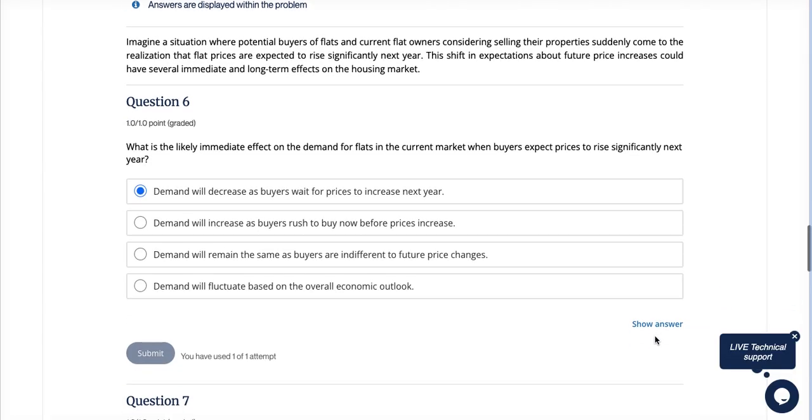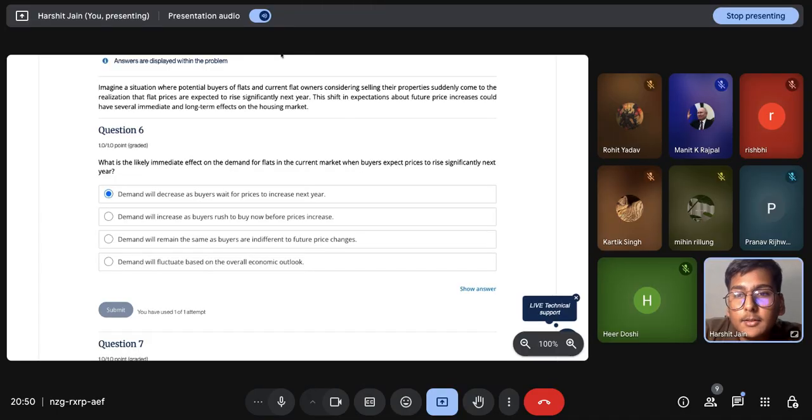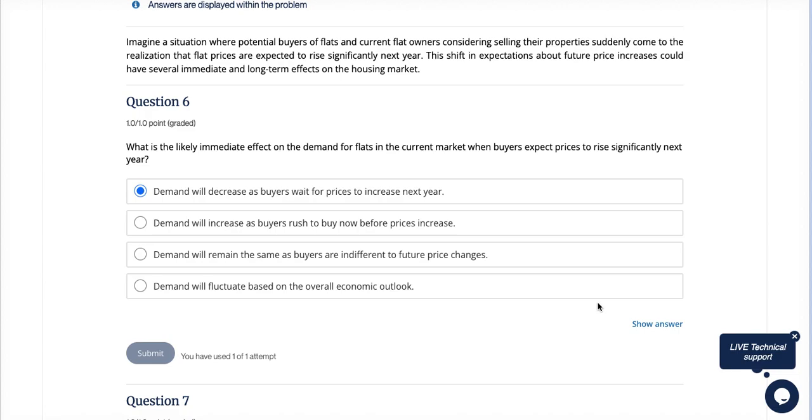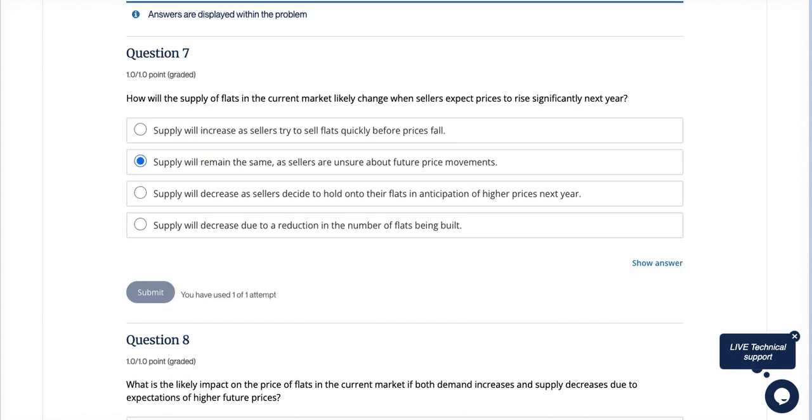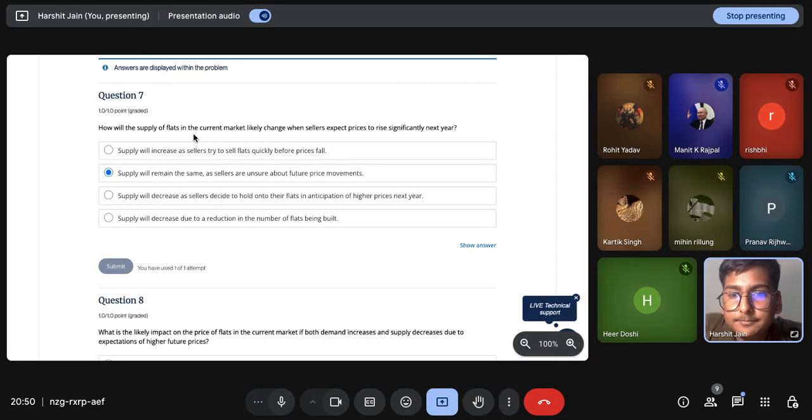Now, there was another case. Imagine, okay, read it. Option B. Demand will increase. Next. Supply will decrease.